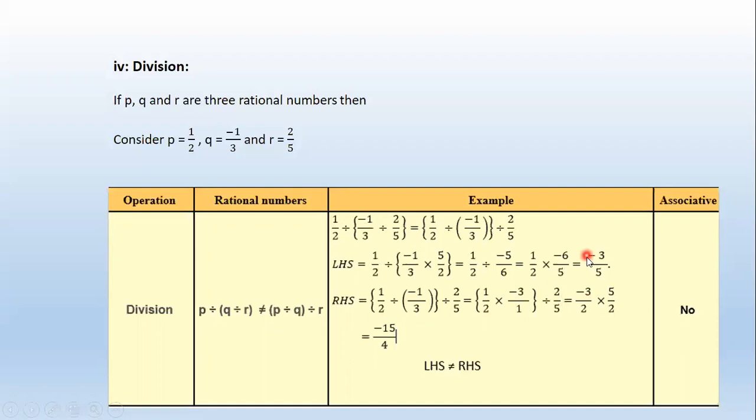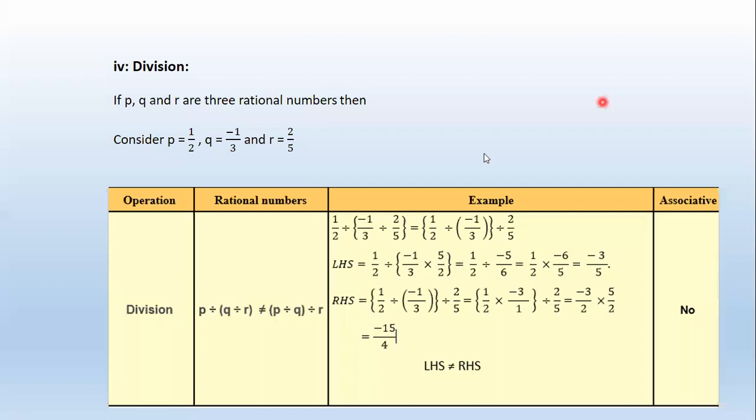So the LHS value is minus 3 by 5, and the RHS value is minus 15 by 4. So here we can see that LHS is not equal to RHS. So P divided by (Q divided by R) is not equal to (P divided by Q) divided by R. So we can say that the associative property is not true for division.